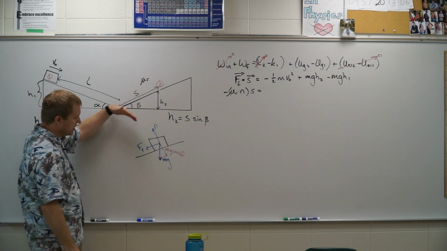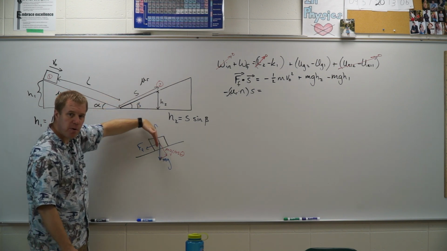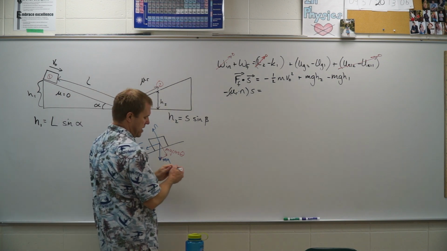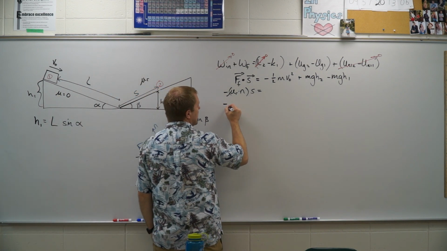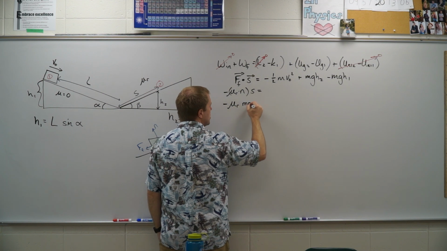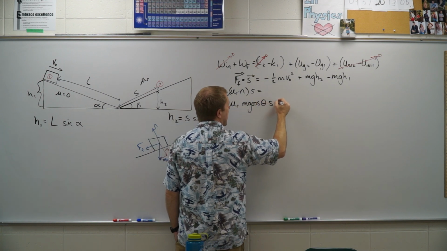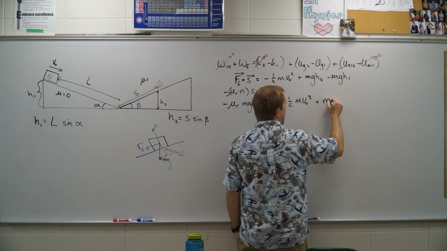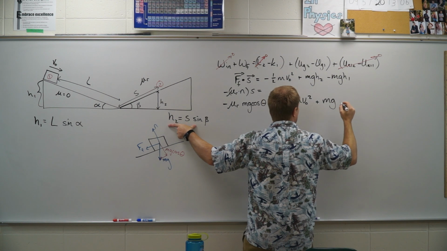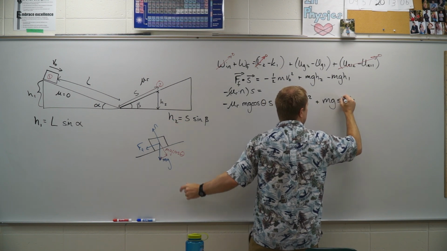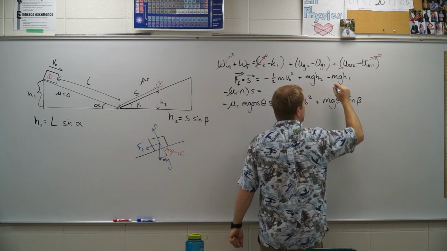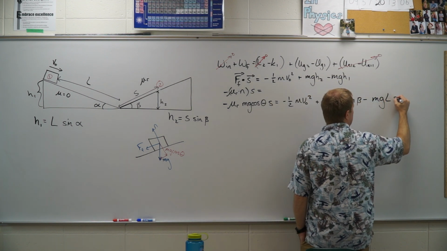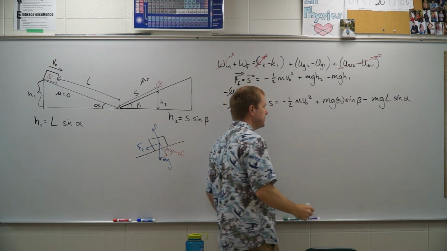When I sum up the forces in this y direction, perpendicular to my surface, I see that the normal force equals mg cosine theta. So now I have negative mu sub r times mg cosine theta times S is equal to negative 1/2 m v naught squared plus mgh2, which is S sine beta, minus mgh1, which is L sine alpha.